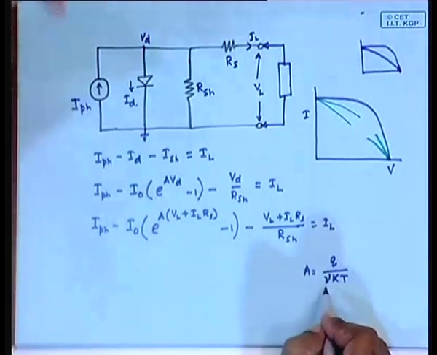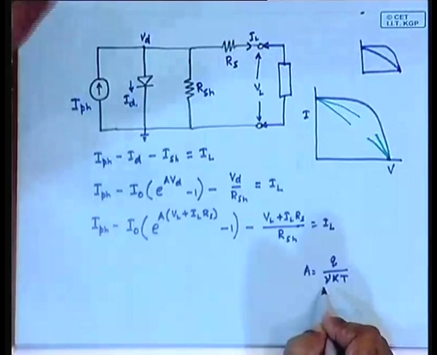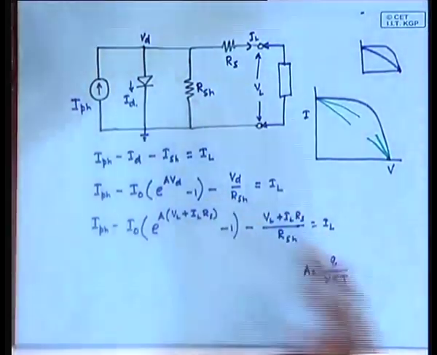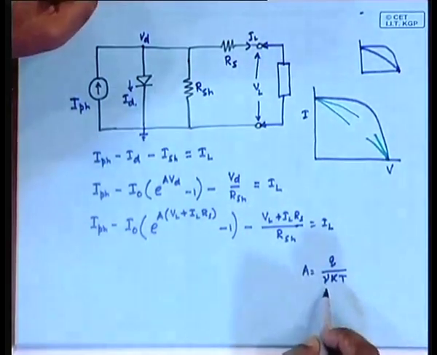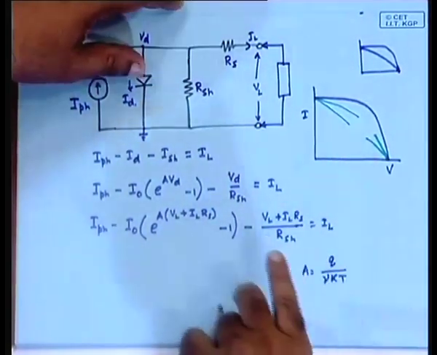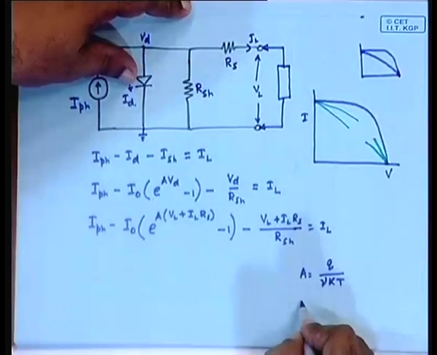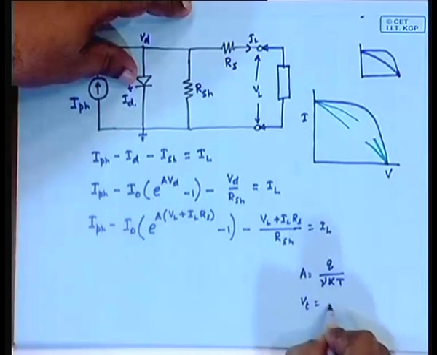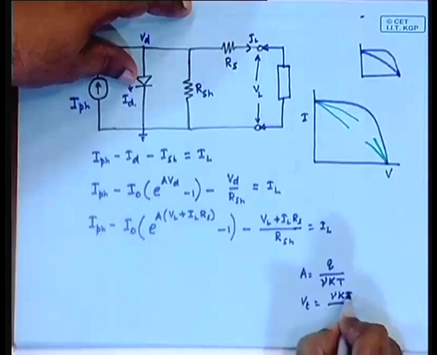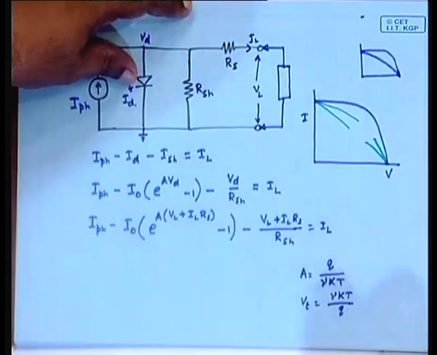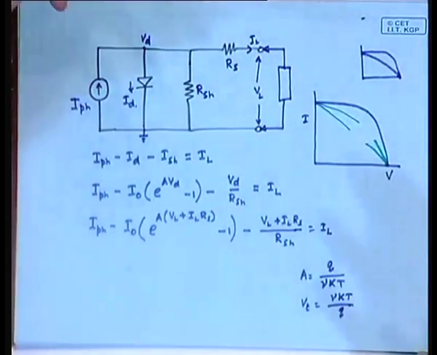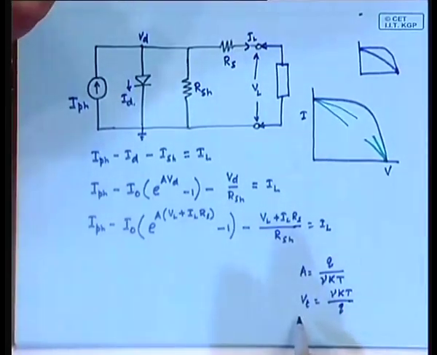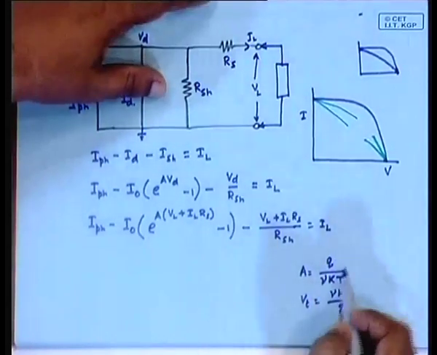Normally you do have to assume a curve fitting constant whose value need not actually be 1, and has to be found out from actual measurement of the diode characteristics. In some books you will find that its reciprocal is called Vt, because this will have the unit of voltage, but nevertheless for our purpose we are calling it like this.